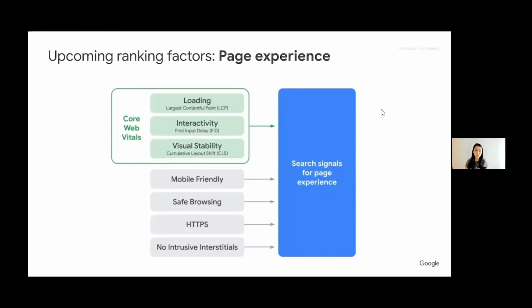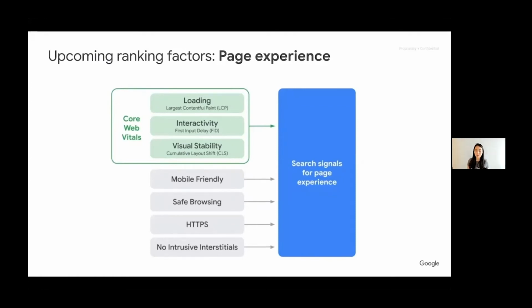So from search, we're combining the signals from Core Web Vitals and our existing search signals, such as mobile friendliness and HTTPS. We will do a gradual rollout, beginning to use page experience as part of our ranking system in mid-June 2021, so this year, mid-June.